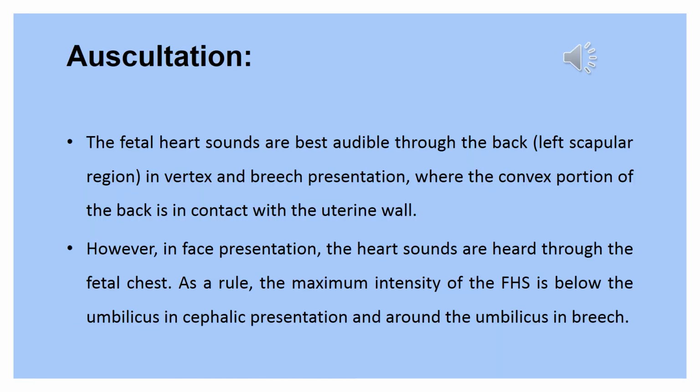The fetal heart sounds are best audible through the fetal back in vertex and breech presentation, because the convex portion of the fetal back is in contact with the uterine wall. In cephalic presentation, the maximum intensity of fetal heart sound can be heard below the umbilicus, and in breech presentation, it can be heard around the umbilicus.